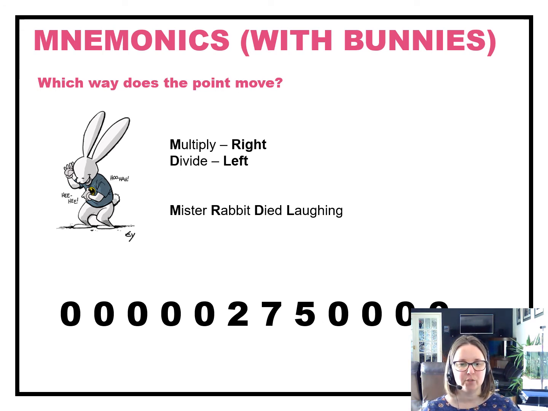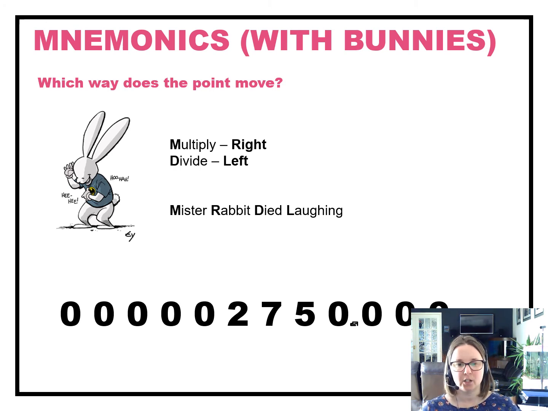However, if I get rid of my decimal point there and I put my decimal point, let's go here. Okay, we've now got the number 2,750. This zero here is now no longer a trailing zero that we don't want or a leading zero that we don't want. It's got a job to do.